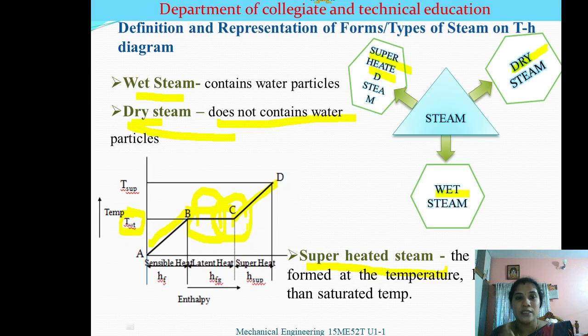The second one is dry steam or dry saturated steam. The steam that does not contain any water particles is called dry saturated steam. Then the superheated steam: the steam which is formed at a temperature higher than the saturation temperature can be termed superheated steam.